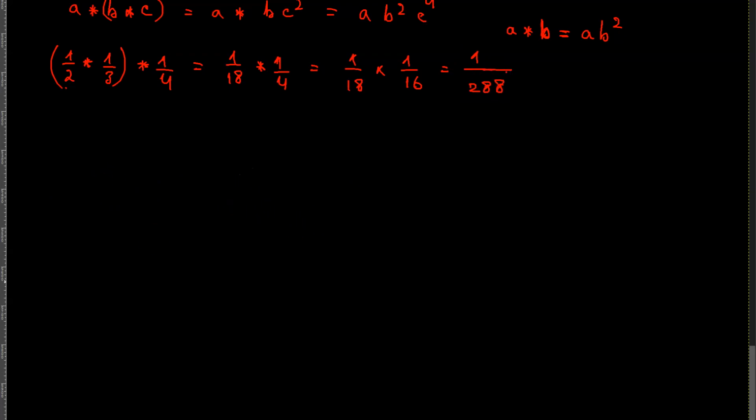Now if I calculate 1/2 star 1/3 star 1/4 the other way, that is the same thing as 1/2 star, and now 1/3 star 1/4 is the same thing as 1/3 times 1/16. 3 times 16 is equal to 48.